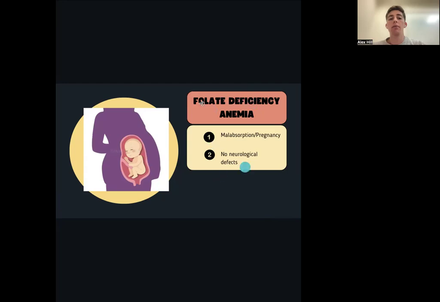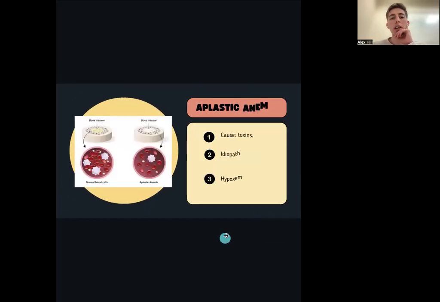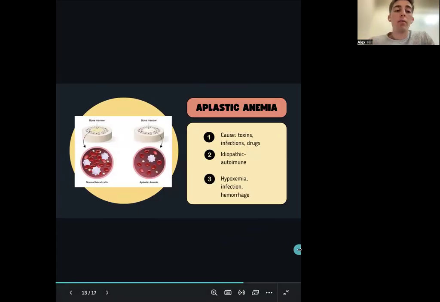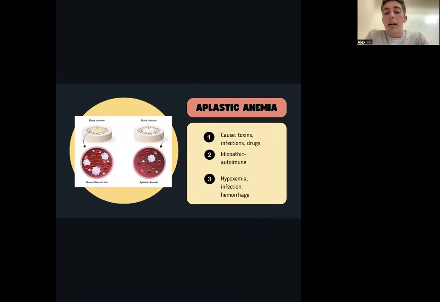Another name for folate deficiency anemia is megaloblastic anemia, which we talked about a little bit earlier. I don't think you need to know that, but okay, aplastic anemia. This is damage to the bone marrow, resulting in low everything that's in the blood because bone marrow produces everything. That includes white blood cells, red blood cells, and platelets.